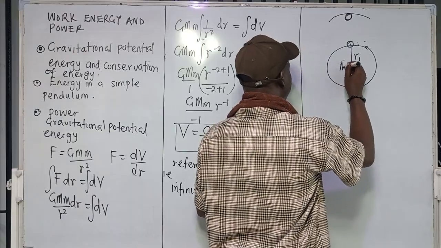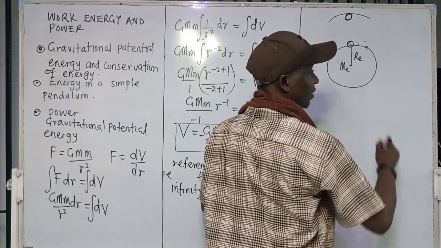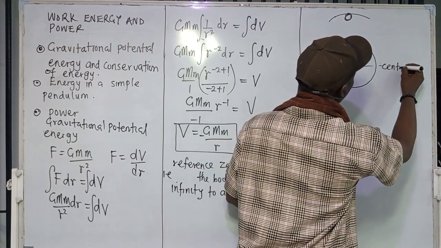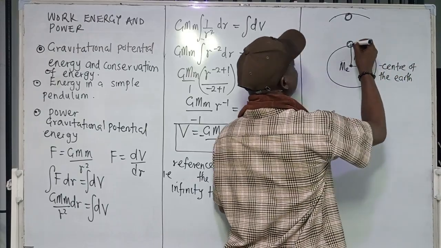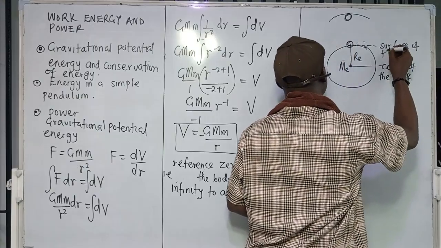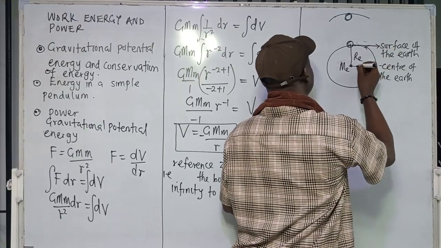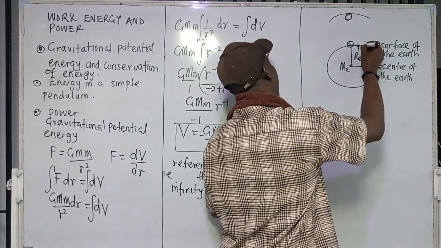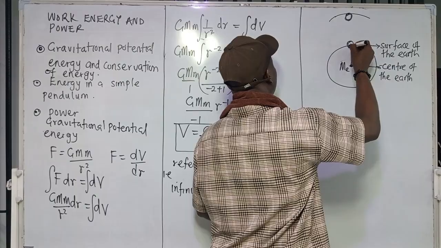let me even call this place ME. And let's call this one the radius of the earth first. From the center of the earth to the surface of the earth is what we call RE. From here, where you launch it, this is the initial position.